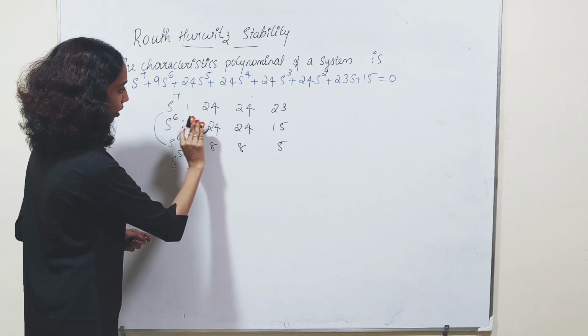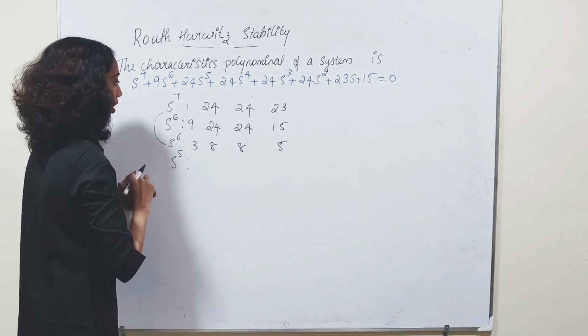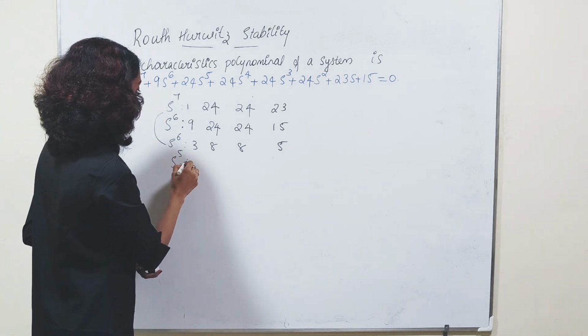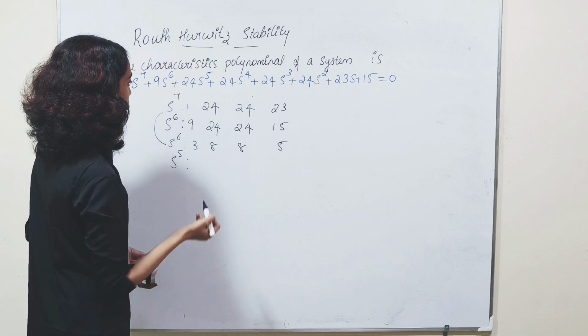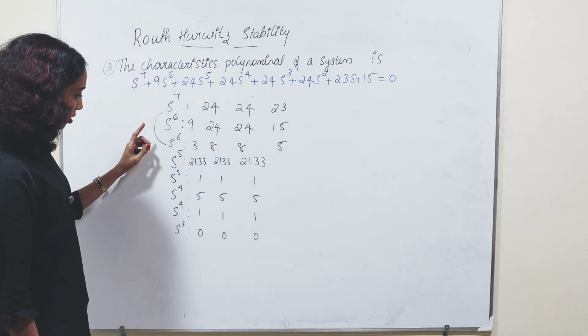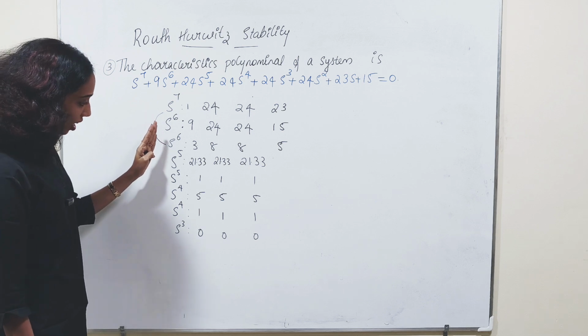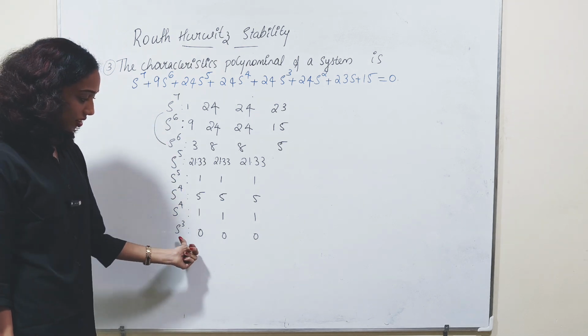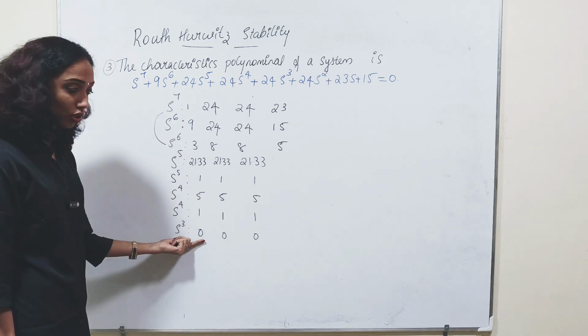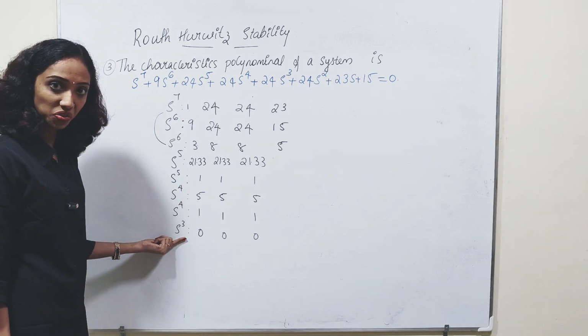Here, s raised to 5. I'll write all the values and the calculation. Here we get a halt in the order of s raised to 3, where all the values drop to 0.